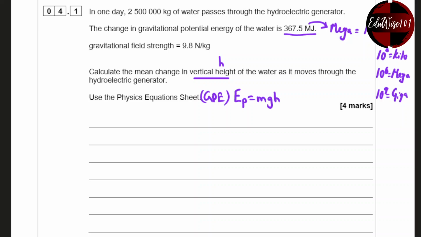So let's rewrite the equation. E_p, potential energy, is equal to the mass, gravity, and the height. I'm going to leave this as 367.5.